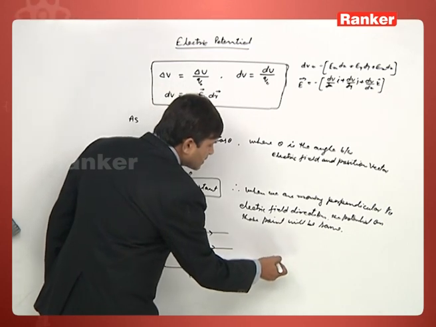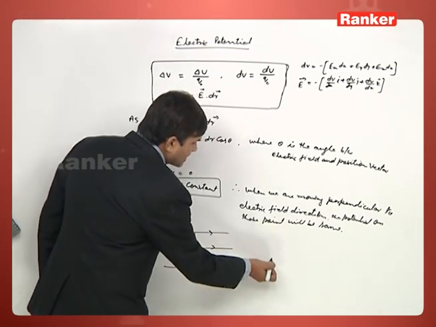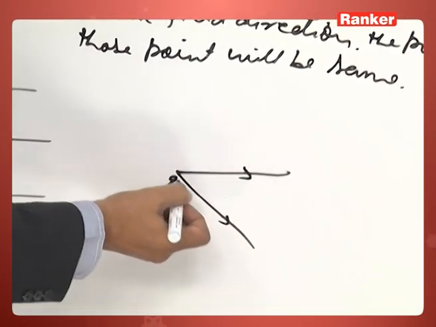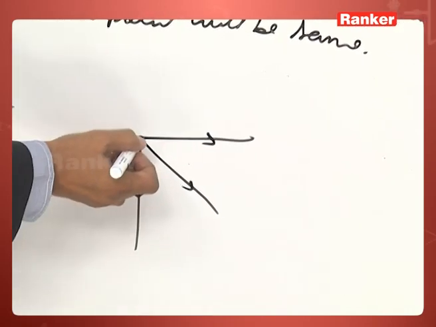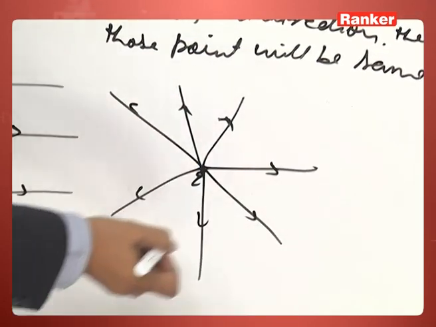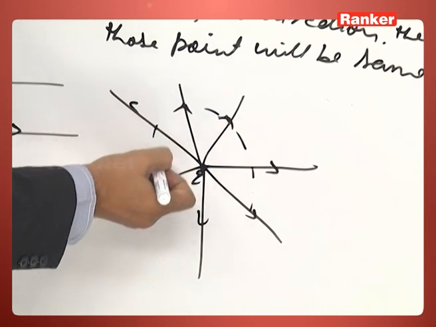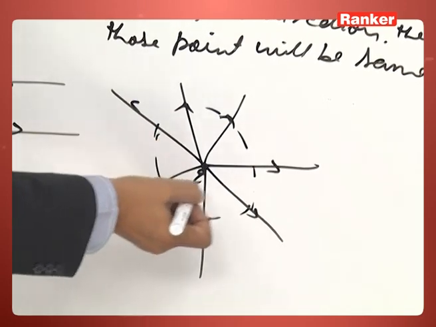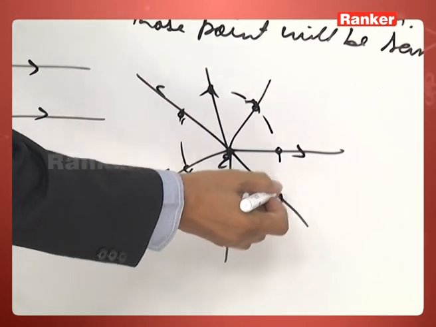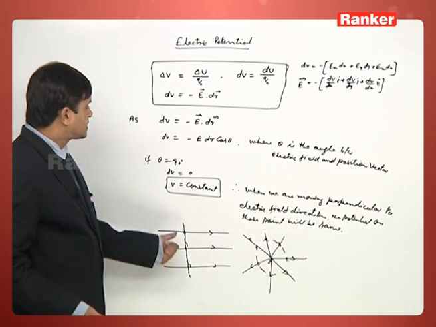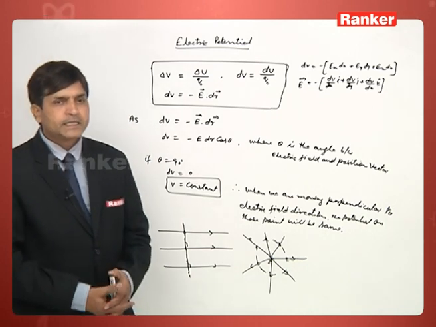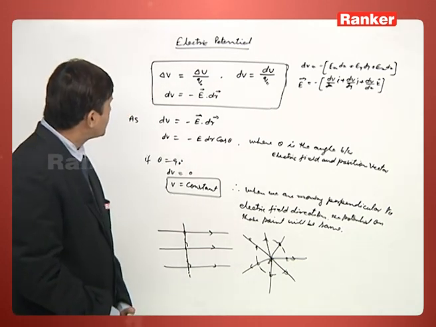Similarly, if your point charge is there, due to point charge your electric field is radially outward. Then what we found here, if we are taking any spherical surface, all points on this sphere will also be at same potential. So such types of surfaces on which all points are at same potential are called equipotential surface.